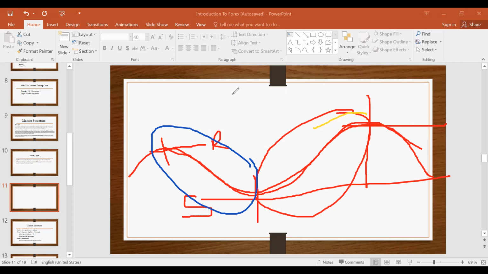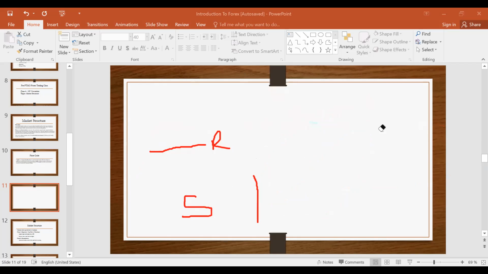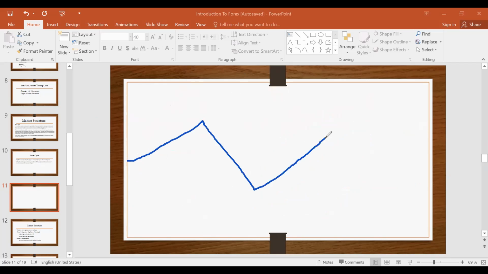Now when price moves from a low to a high, there are things we expect to happen. If the market is going down, and then up, and then down, and then up, and then down.